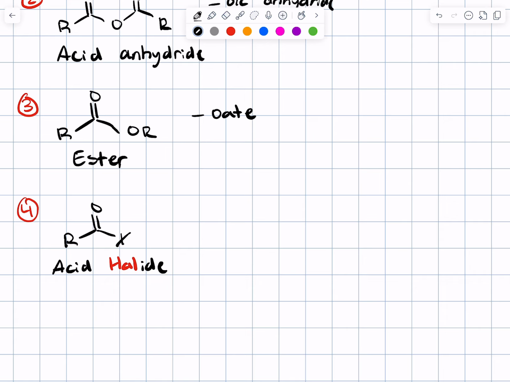I'm going to write halide in red. Now, this will change depending on the identity of X. So it could be chloride, bromide, etc. And the suffix that this will get is oyl halide.